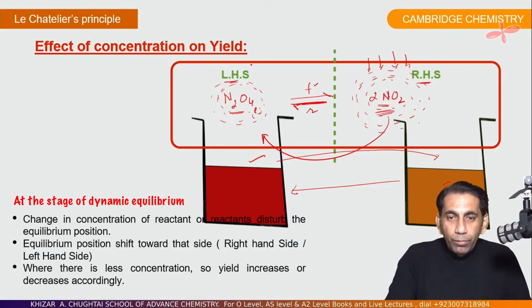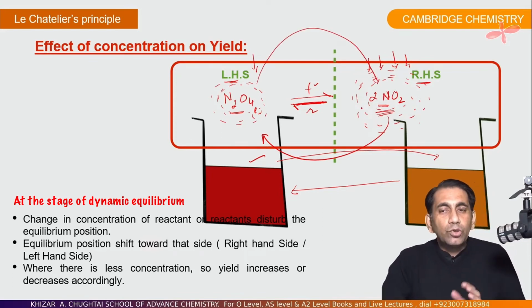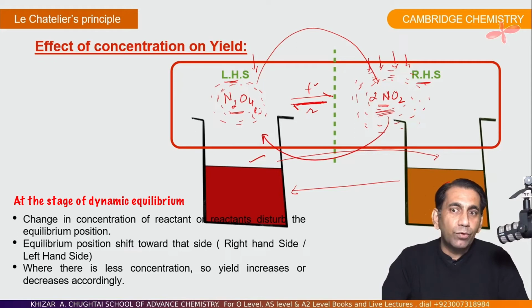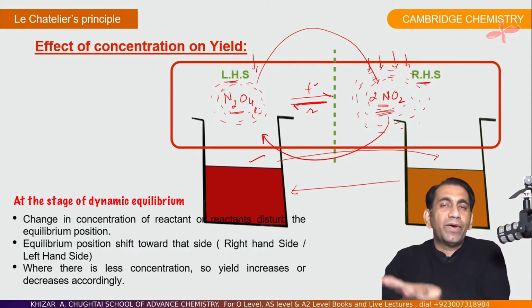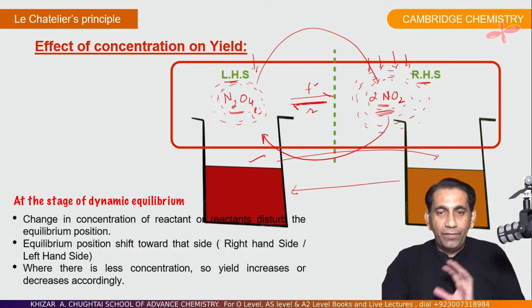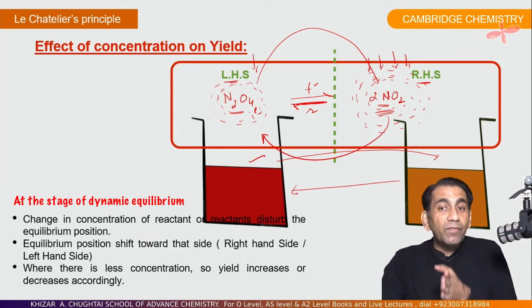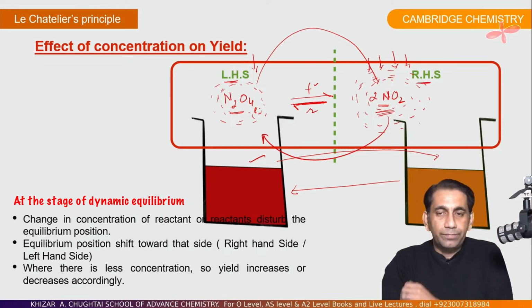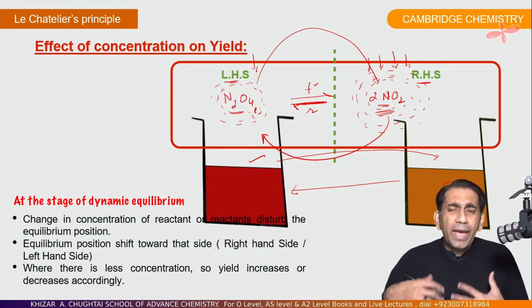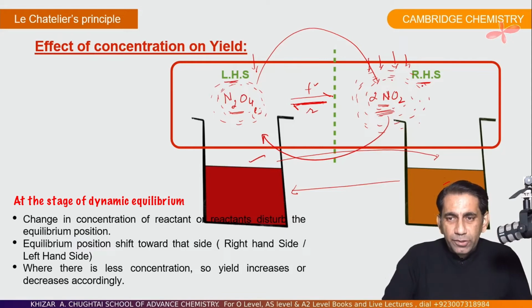If I'm adding more N2O4, then the equilibrium will shift toward the right hand side to make more moles of NO2, because comparatively, if we have increased the concentration of N2O4, the concentration of NO2 is less than that of N2O4. So, when the equilibrium is disturbed by changing the concentration, the equilibrium will shift towards that side where there is less concentration.